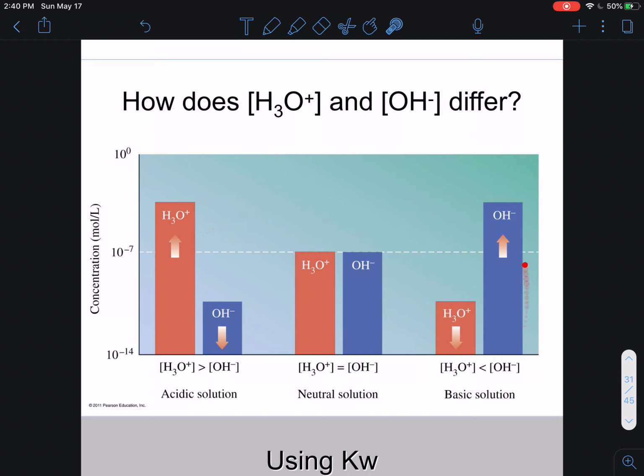And if we go all the way over here, if we add hydroxide anions from a base, that's going to kick up the concentration of OH minus. H3O plus is going to go down, and since we have a greater concentration of OH minus than H3O plus, the solution is basic.